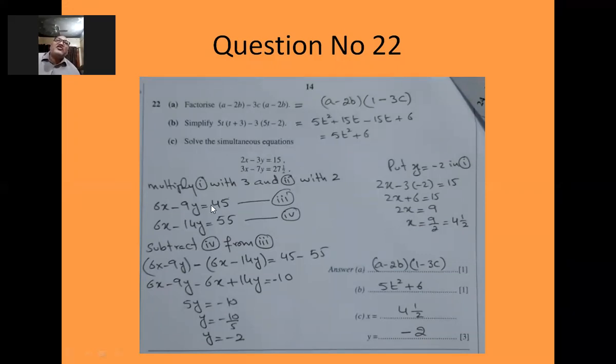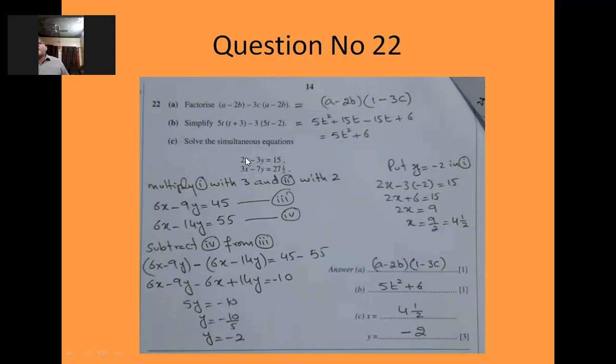It says solve the simultaneous equations. The simultaneous equations given to me are 2x minus 3y equals 15, and 3x minus 7y equals 27 over 2.